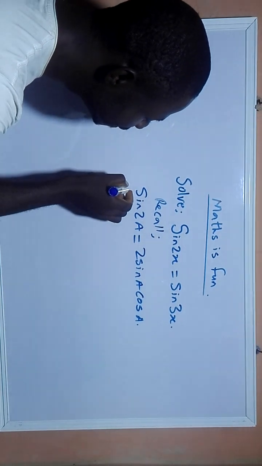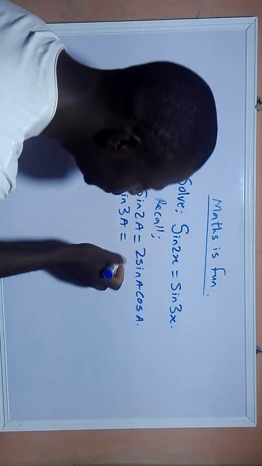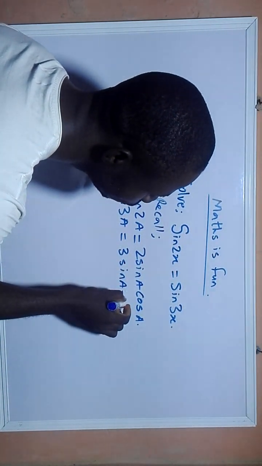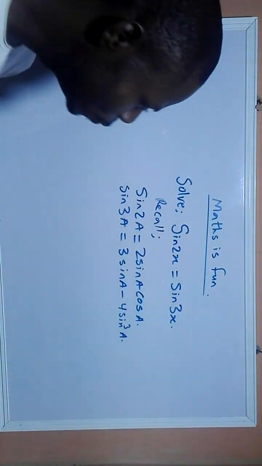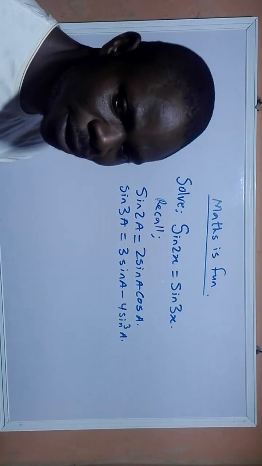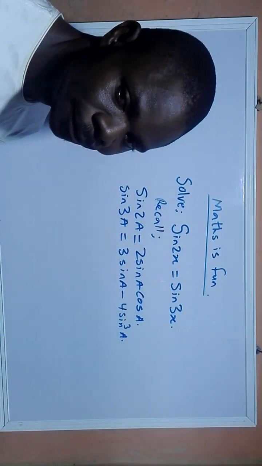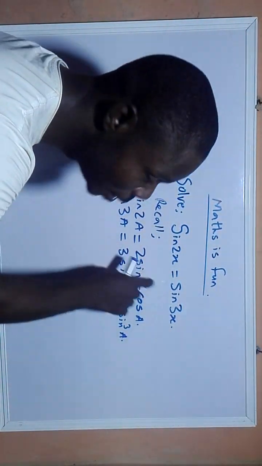Then sine 3a gives you 3 sine a minus 4 sine cube a. If you want to know how we arrive at these, put it in the comment section and I will throw more light on how we arrive at them. Now let's proceed. We shall use this principle to solve this.